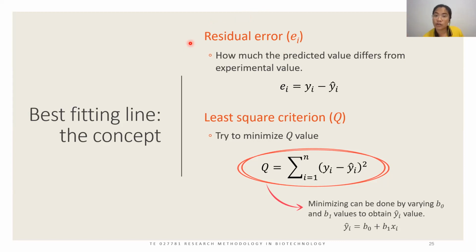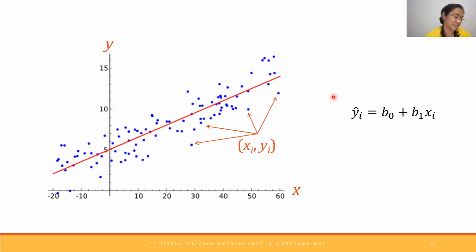Residual errors are how much different your predicted values are from your experimental values. The symbol is this one. The residual error is the difference between the experimental data and the fitted data. To simply go back, go back to this slide.